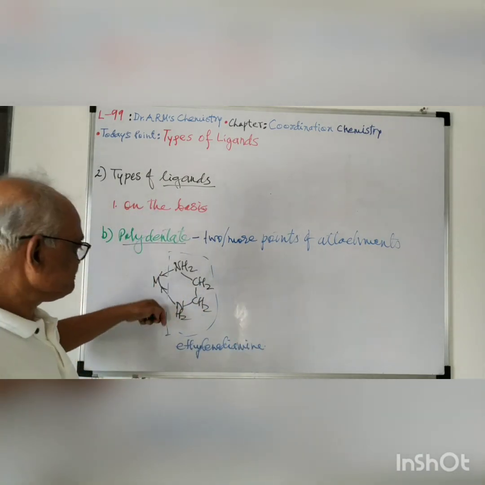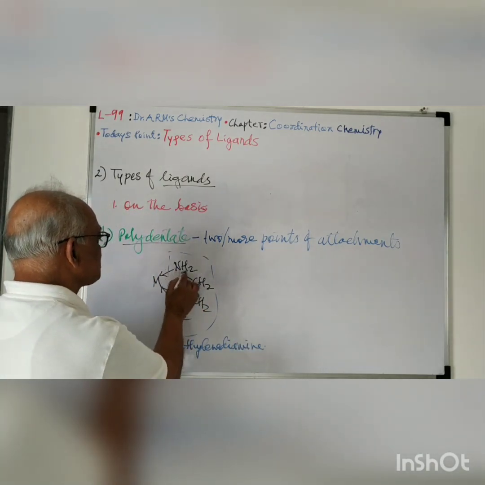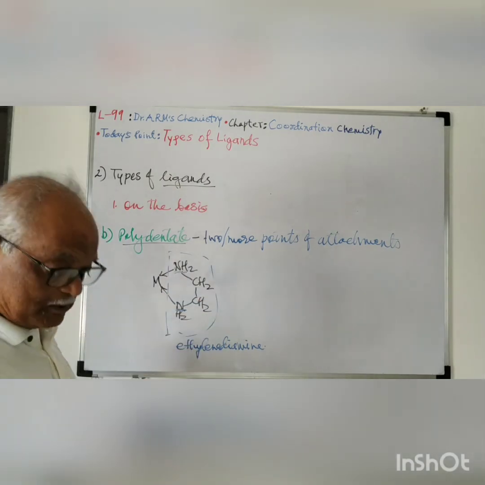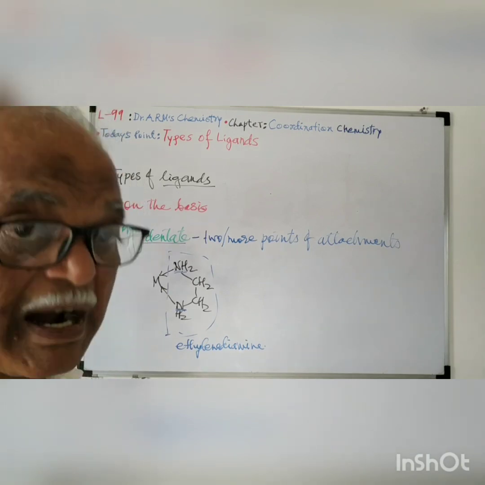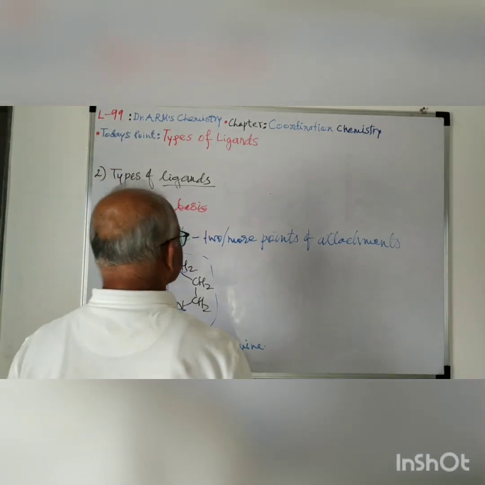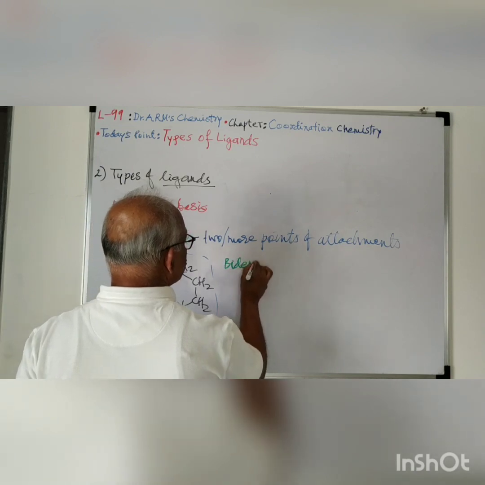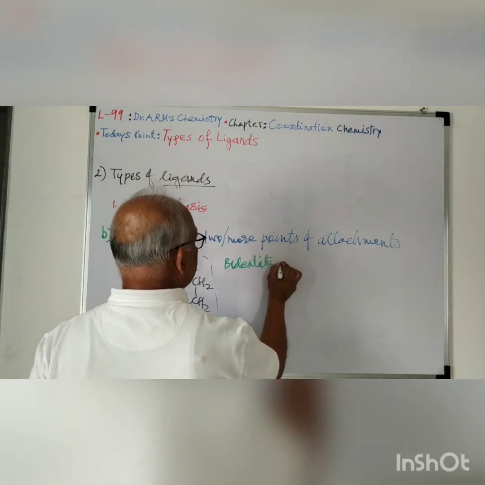It has two donor atoms. These are donor atoms. Therefore it is called a bidentate ligand.